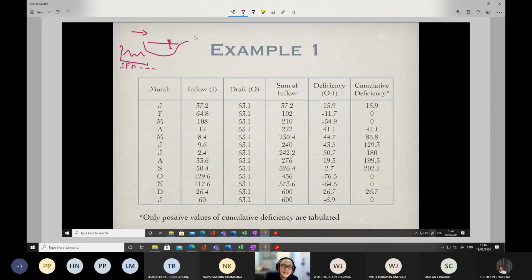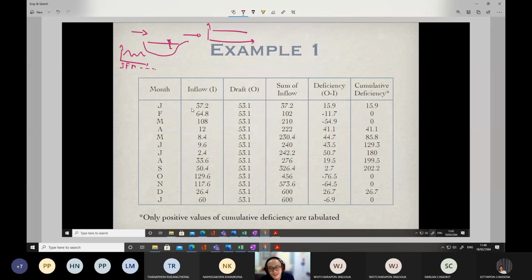But this community needs a constant volume of water to produce tap water. So they basically need a constant amount of water for consumption purposes.